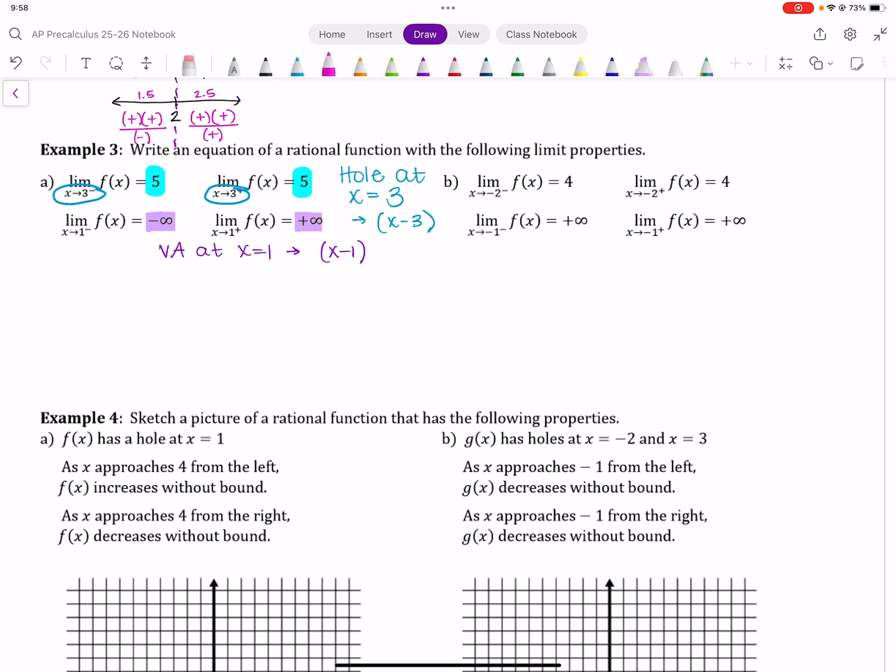So then we could write our rational function. So we need our hole on top and bottom. And then we need our vertical asymptote in the denominator only.